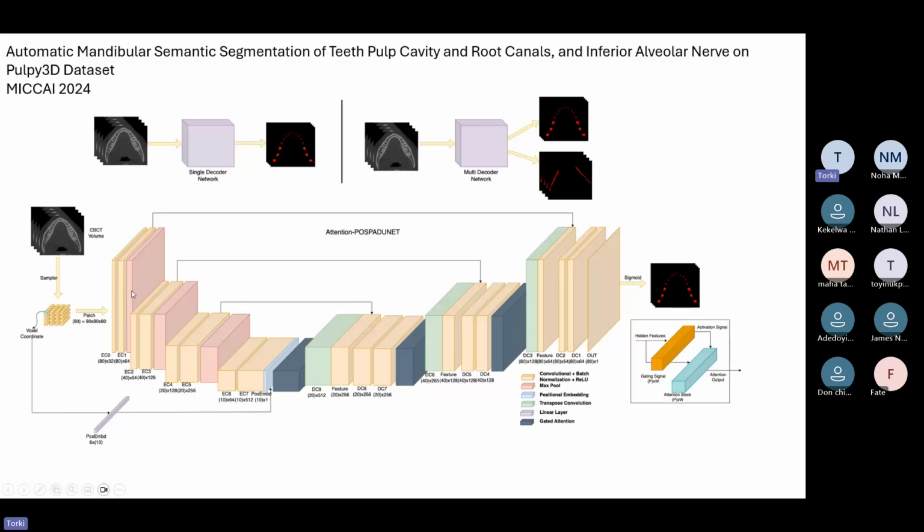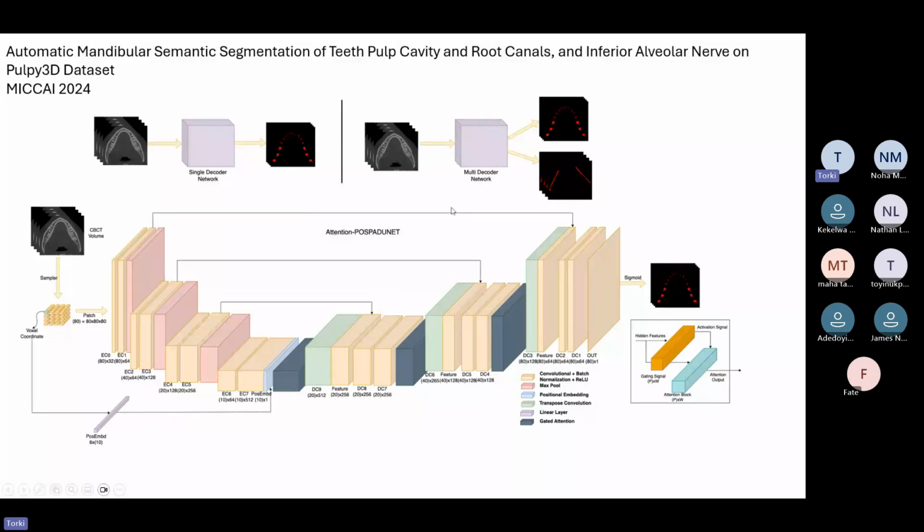So it is also something similar to the UNet and VNet on 3D data, but we added something called attention position-padded UNet. It means position padding, because the volume is very large to process. So we computed batches of size 80 by 80 by 80, and we process these batches with this attention UNet.